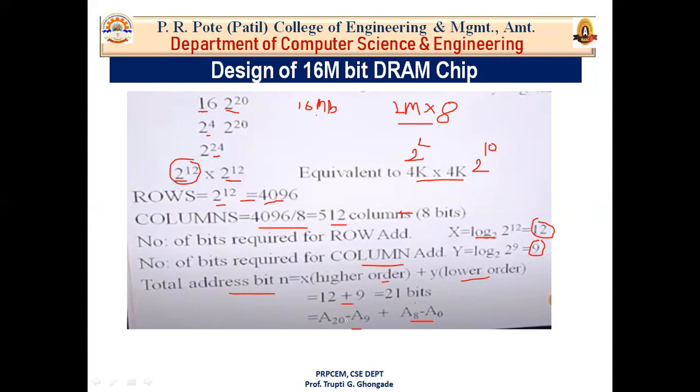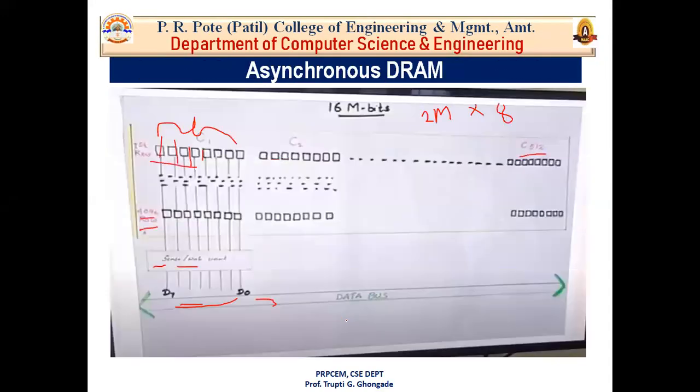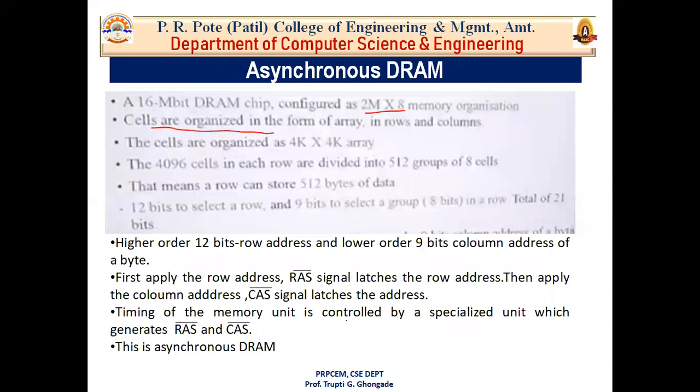Now let's see here. Point number 3: the 4096 cells in each row are divided into 512 groups of 8 cells. That means a row can store 512 bytes of data. 12 bits select the row and 9 bits select the group of 8 bits in a row.